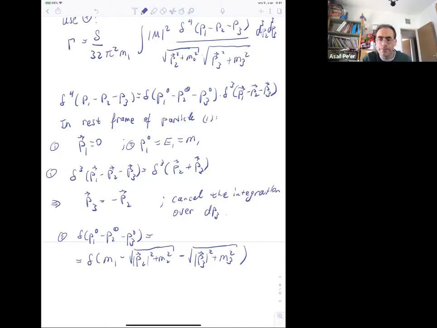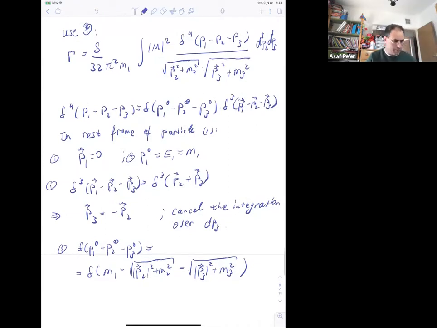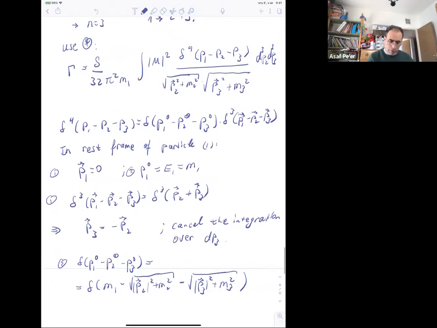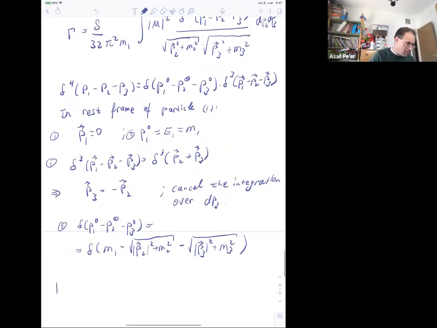What I'm doing here is plugging that back in the calculation of the decay rate, and we end up with gamma.